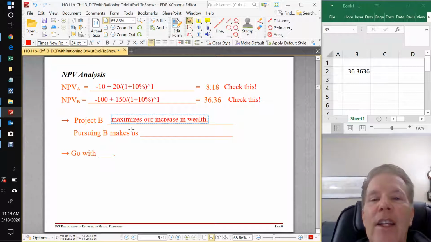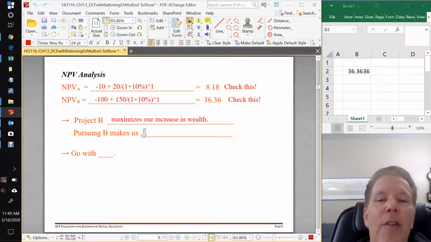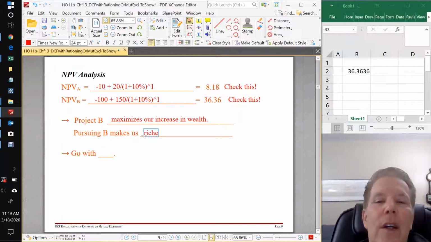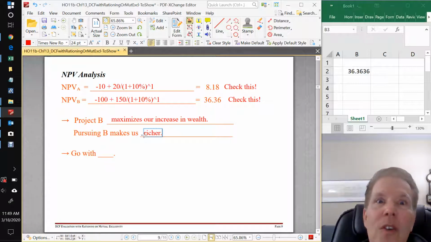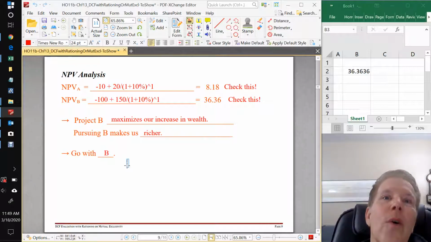Okay, and if we pursue Project B, it makes us richer. That's what we care about, right? That's the most important thing. Which project, we can only do one of them. Which project, the right question to ask is which project is going to make us richer? So we're going to go with B, okay?